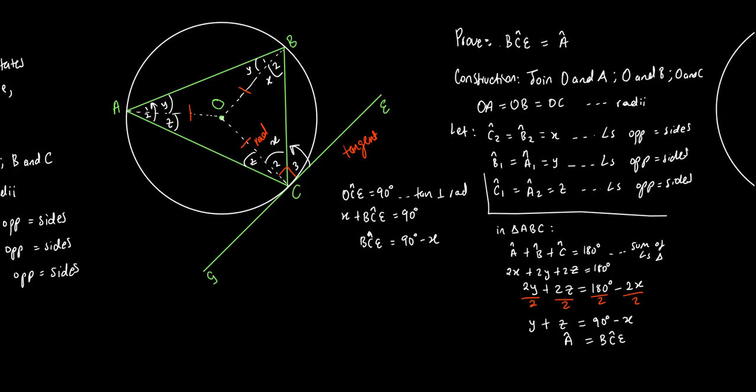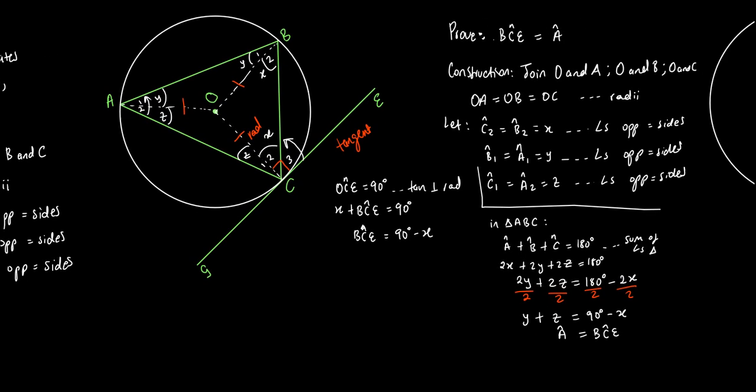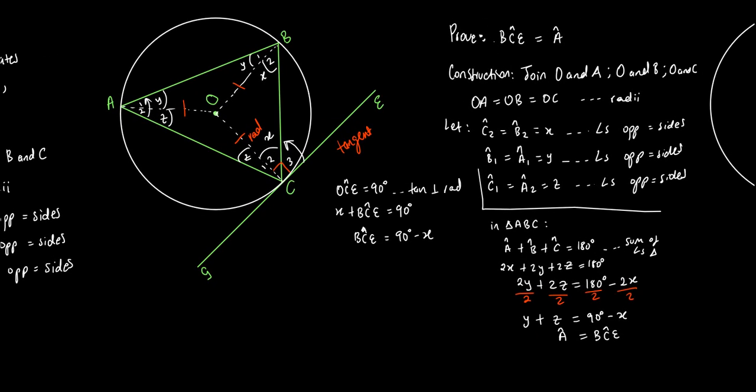Quite fast. So like I told you, standard procedure, then I make BCE the subject, and then I just add all angles in a triangle. Then I'm done. Then we can go to the next theorem.